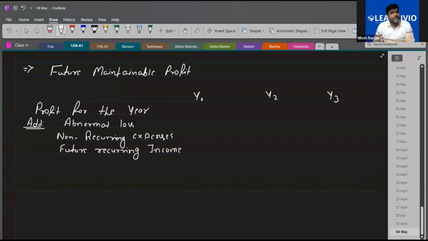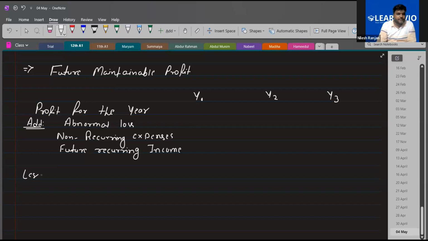What is future recurring income? It means any income which will be generated from the next year onwards, but in the current year it is not included. So those types of income should be included, because from the next year our income will increase. So we have to increase our profit for calculation of goodwill.